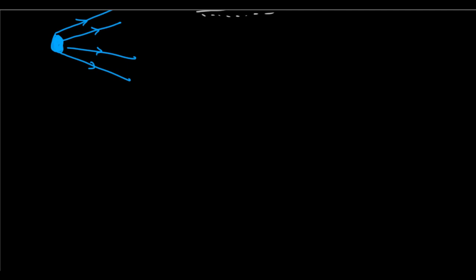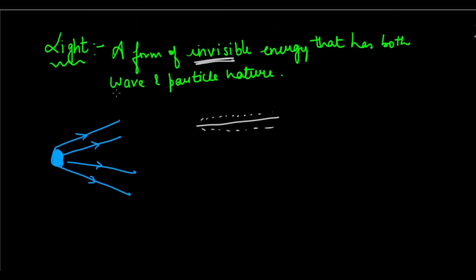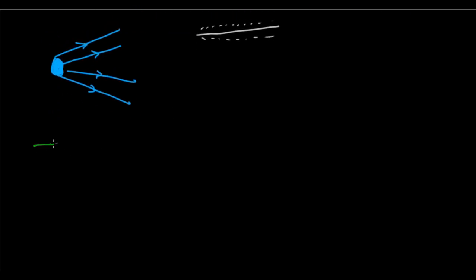So, we've already looked at the definition of light, and we've looked at how light has wave nature and particle nature. What do we mean by this sentence, that it has both wave nature and particle nature? Well, this means that light has many particles, and these particles are basically packets of energy.